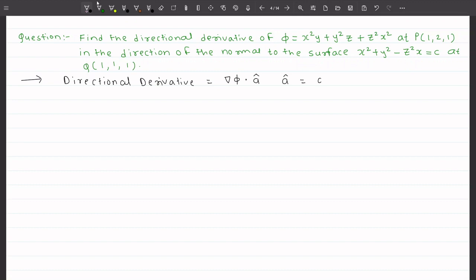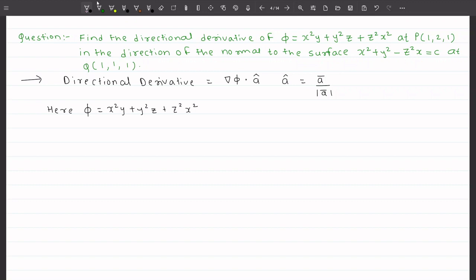A cap is a bar upon modulus of a bar, right? Now here phi is x²y + y²z + z²x².